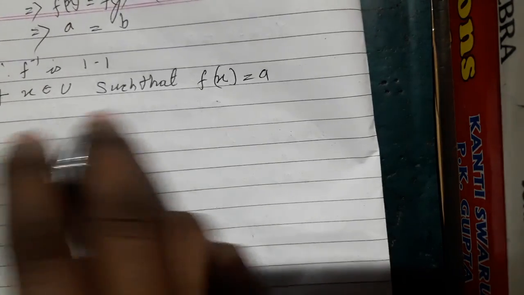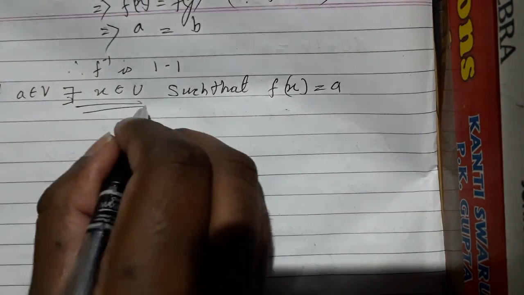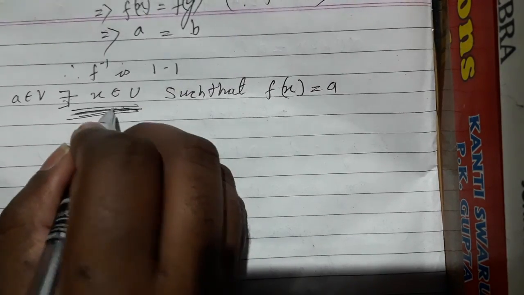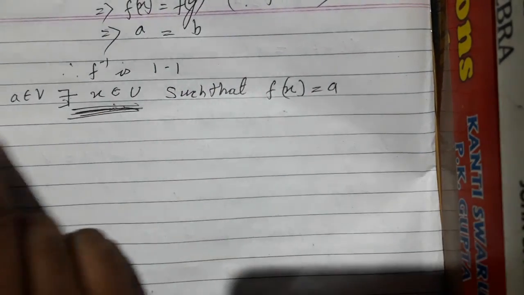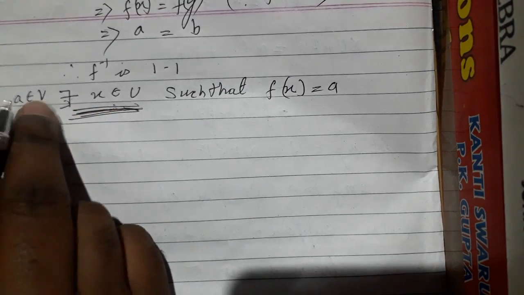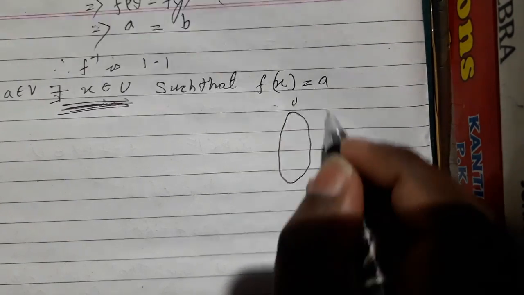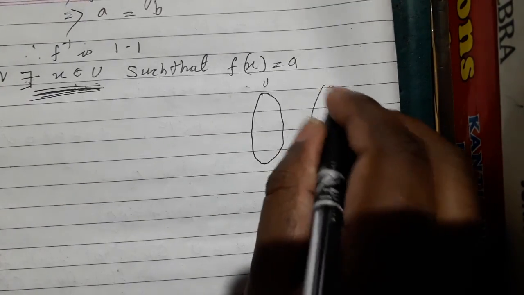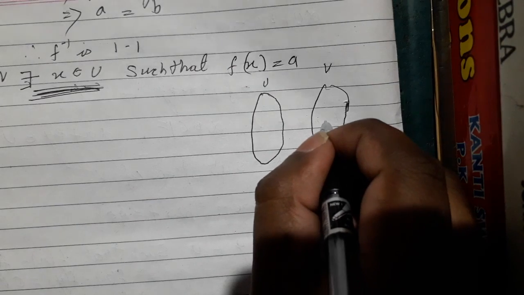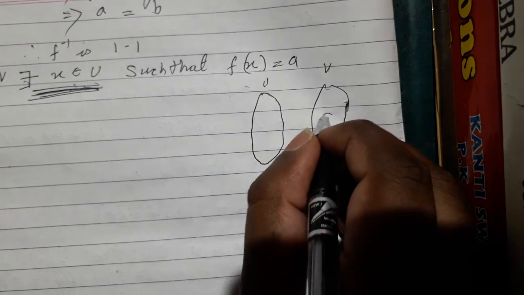If f is not onto, I cannot say this. Suppose this is U and this is your V. I took one element here, but this element is mapped only if f is onto.